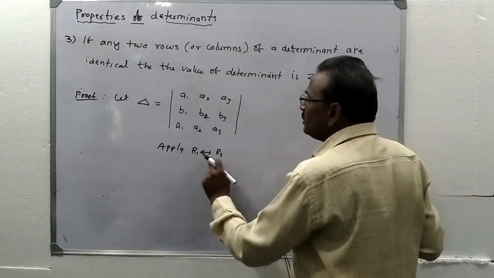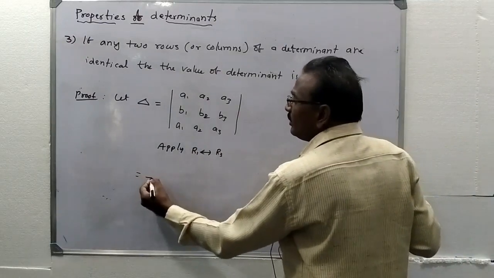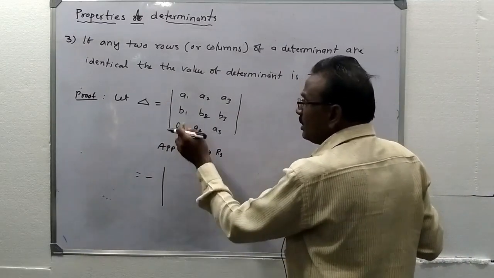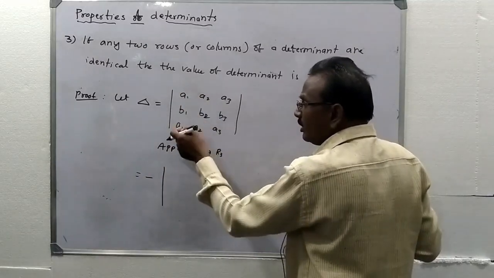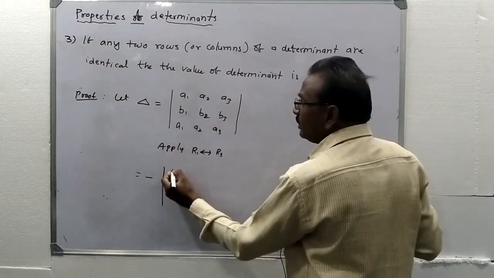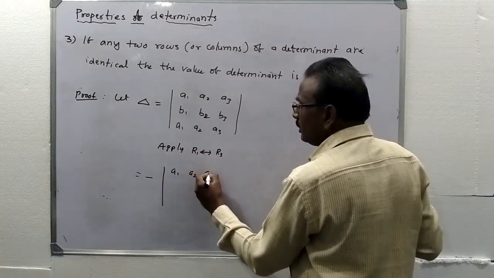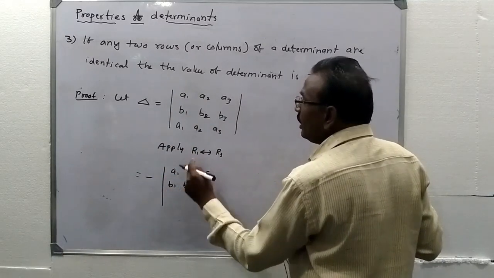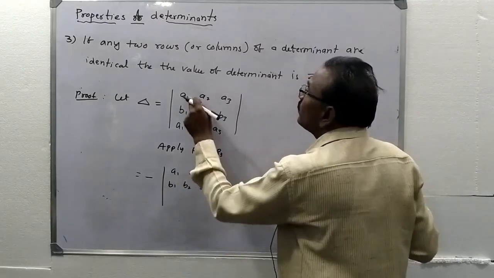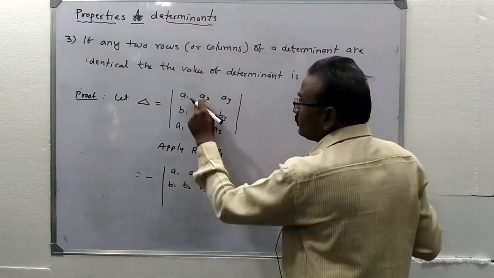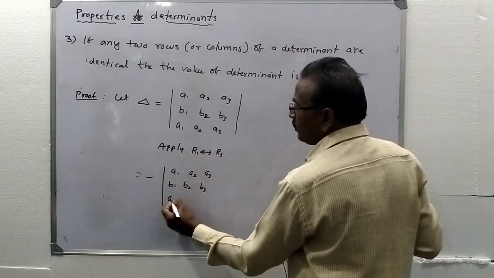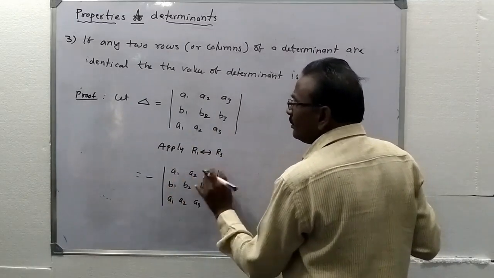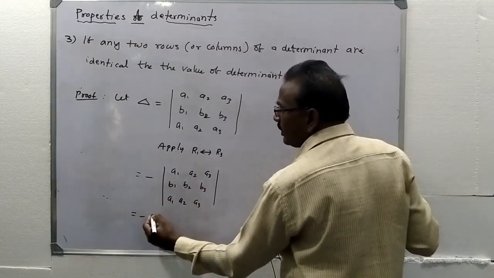So when we interchange R1 and R3, the sign changes, plus becomes minus. R3 becomes R1, that is A1, A2, A3. The second row as it is, B1, B2, B3, and the first row becomes third, that is A1, A2, A3. So again we get the same; the value is minus this value, delta.